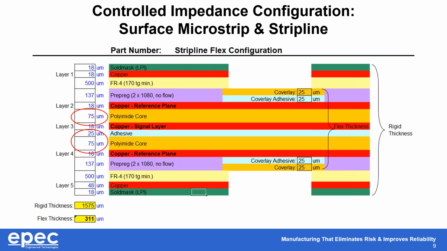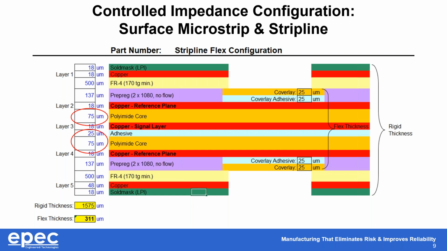This example now is the same 100 ohm differential, for example, but in a 3-layer stripline configuration. So obviously we can see that the total stack up increased from 4 layers to 5 layers. We now have 2 reference planes, layers 2 and 3, sandwiching in the middle, layer 3, which is our signal layer.